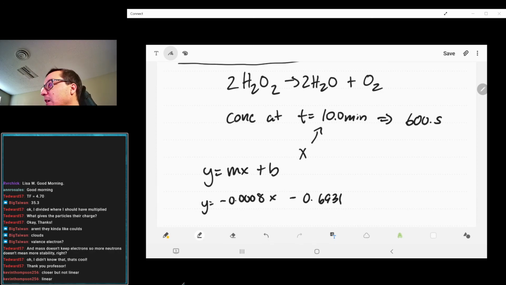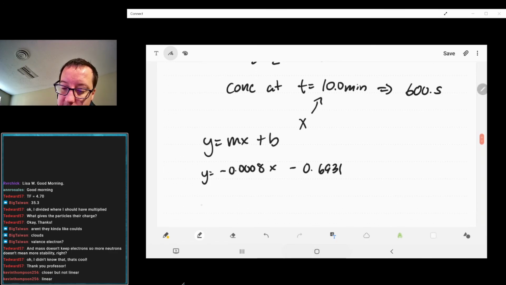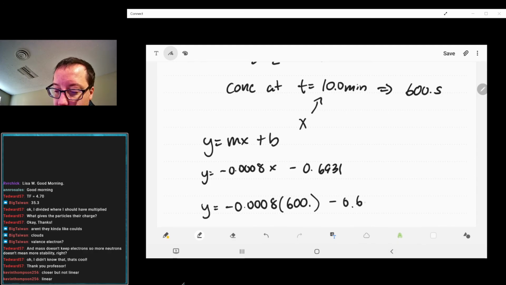Just keep that in mind. So if we do this, we can go ahead and plug in 600. We can solve that equation: 0.0008 times 600 minus 0.6931.